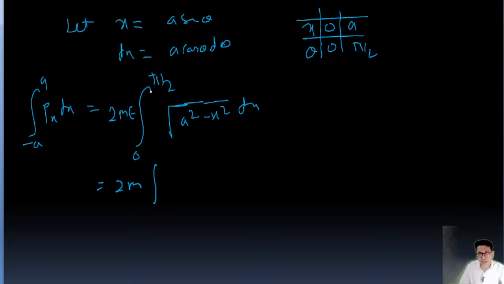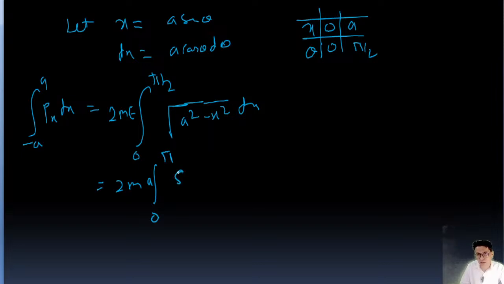Here I'll do one thing. I'll put the value of a as well. So it is going to be the integration from 0 to pi. A we will take common. This is going to be 1 minus, x equal to a sine theta, so a will take common. It is going to be root of 1 minus sine square theta.